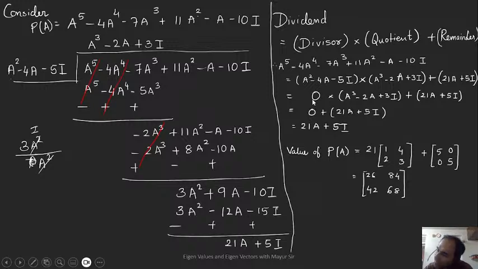Plus 10 and 5. Yeah, I think there is a plus 9, 9 and... just a minute. 2, 8 and 10 plus 10. Yeah, there is a small error.